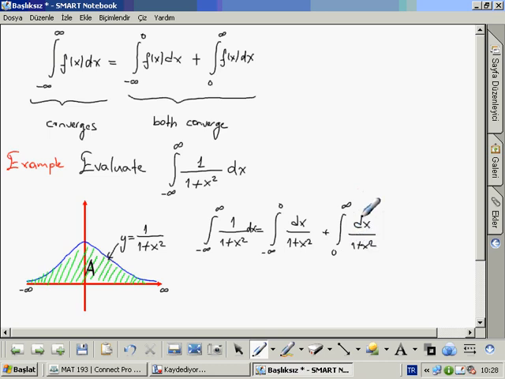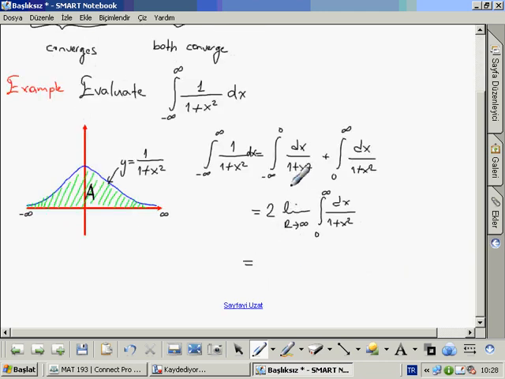My friends, this function is an even function, so we can say it equals 2 times the limit as r approaches infinity of the integral from 0 to r of dx over 1 plus x squared, which equals 2 times the limit as r approaches infinity of inverse tangent of r.